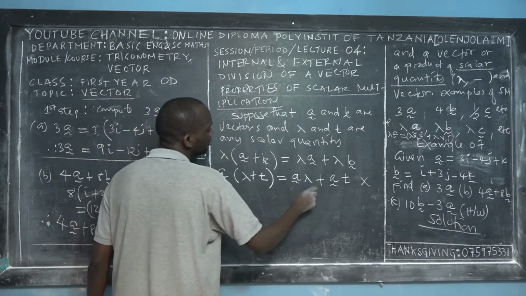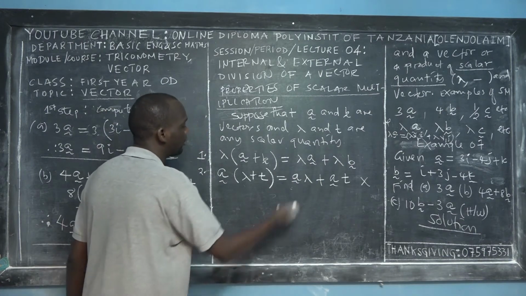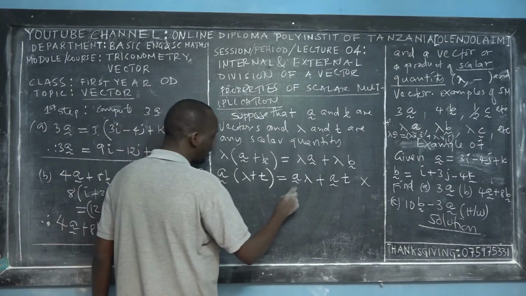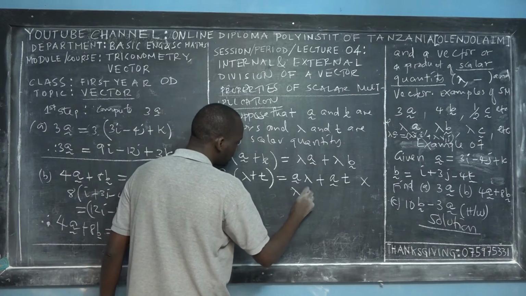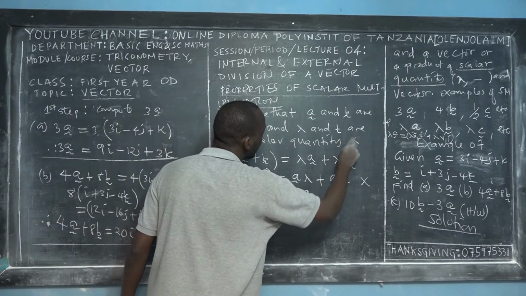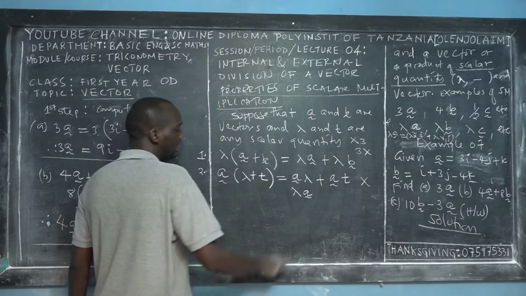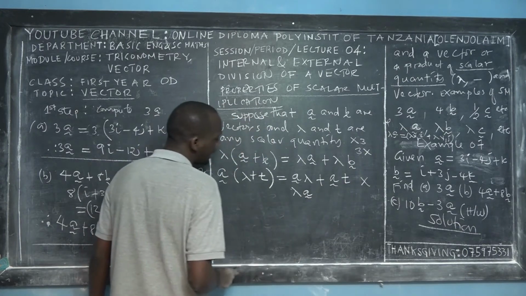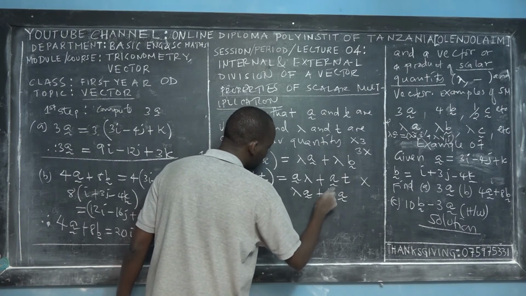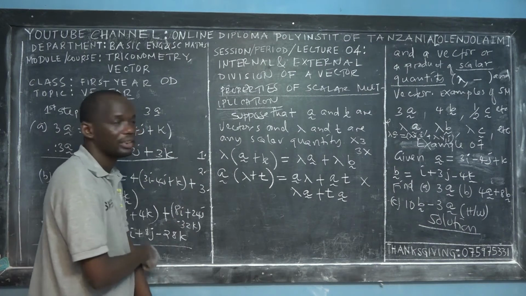Why? Because we always write the coefficient before the variable. Here the coefficient is a scalar quantity, while the variable is a vector. So we rewrite it: lambda times vector A, just like we cannot write x3, we write 3x. So we have lambda A, and then T times vector A. Okay, that's the second property.